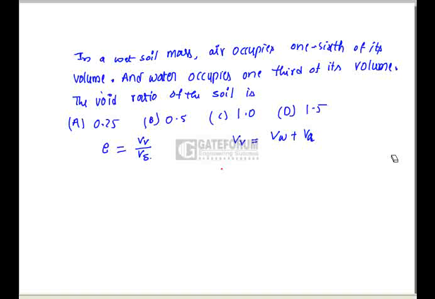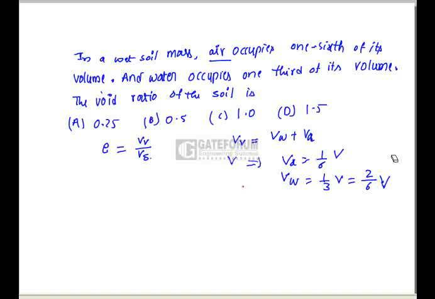So in this problem, if we consider total volume V, volume of air is 1/6 of total volume. Volume of water is given as 1/3 of total volume, that is equal to 2/6 of total volume.